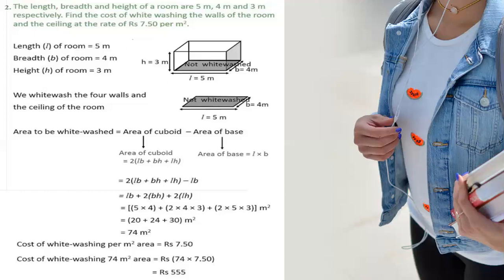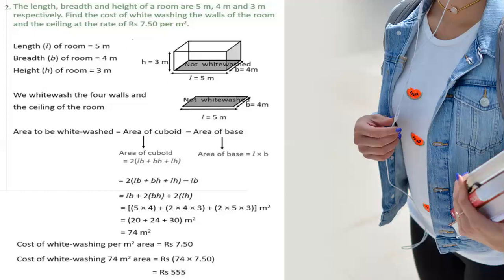So the area to be whitewashed is 2(LB + BH + LH) minus LB. Now substituting the values of L, B and H and solving, we get the area as 74 meters square.